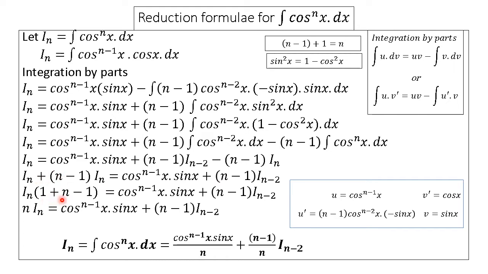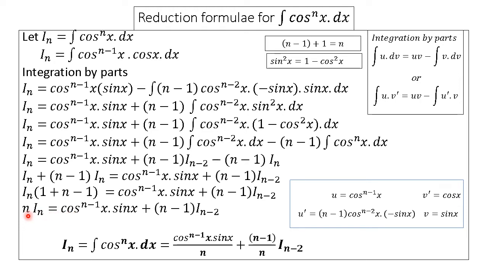Remaining is 1 plus n minus 1 on the LHS, RHS as it is. Plus 1 and minus 1 get cancelled. Remaining is n into In equal to the RHS value same, cos to the power n minus 1 x into this one same. In the next step, divide throughout this equation by n, or transpose n to the RHS. Both are same.